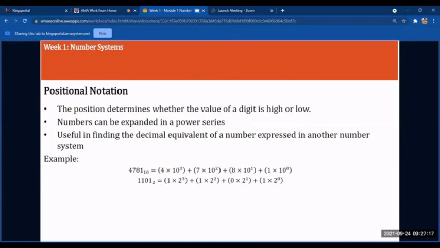Yung 1101 base 2, magkakaroon naman tayo dyan ng 1 times 2 raised to 3 plus 1 times 2 raised to 2 plus 0 times 2 raised to 1 plus 1 times 2 raised to 0. So whatever the base is, yun yung power na imumultiply mo sa kanya, raised to the kung pang ilan siya.